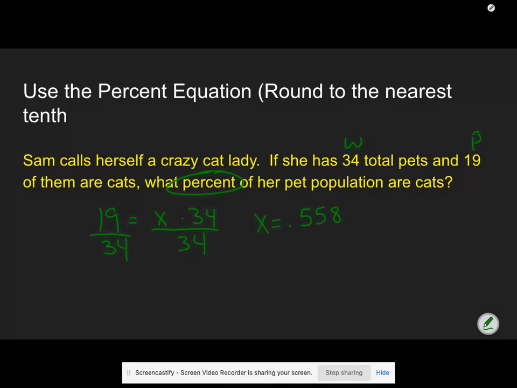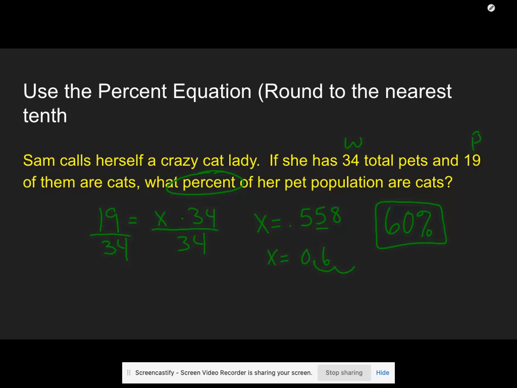I say round to the nearest tenth. So we're going to look here. I'm going to round up. So x equals 0.6, but I'm looking for the percent. So I need to make sure I move my decimal point 2 places to the right. So 60% of Sam's pets are cats. We all feel sorry for you, Sam.